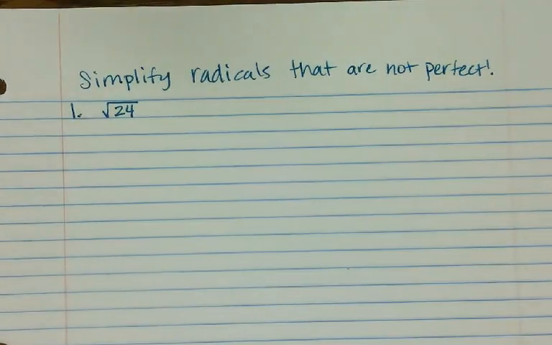However, if we want to simplify radicals so that they are written in simplified radical form, we have to think of a perfect square that is a factor.